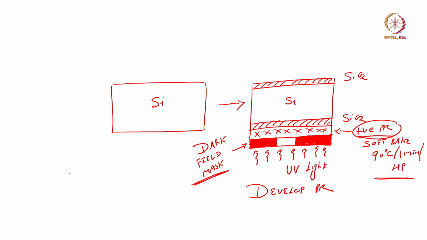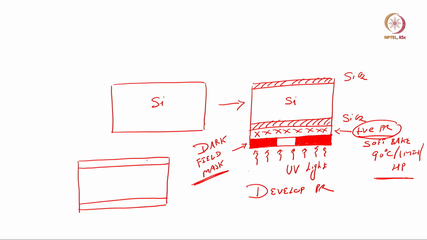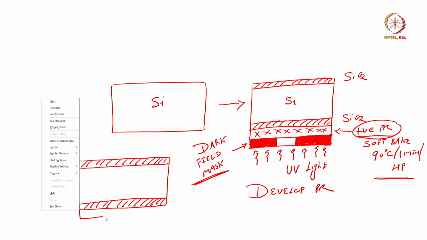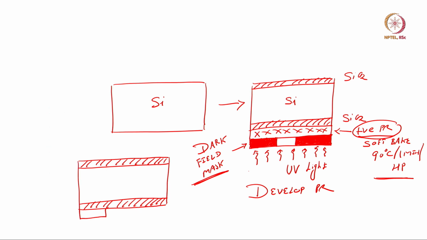We will get a wafer which looks like this: silicon dioxide, silicon dioxide, and when we develop the photoresist, you will see that you will have photoresist in these two places. Easy, because the same features which are there on the mask will transfer to the wafer.